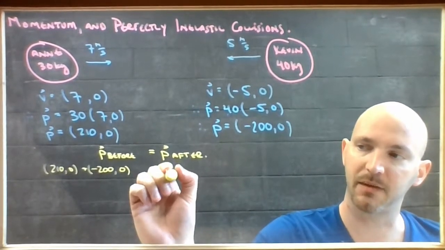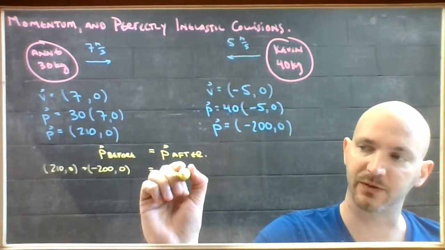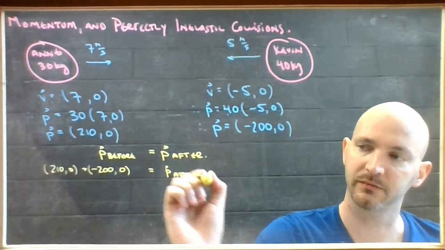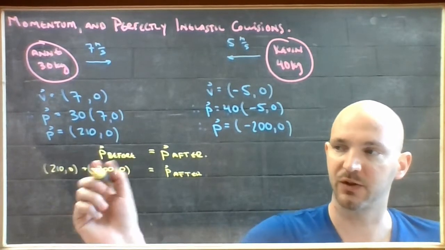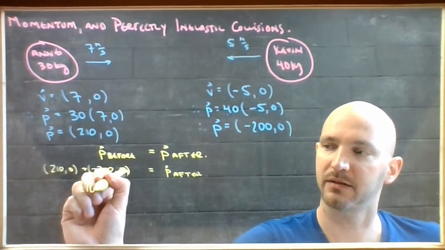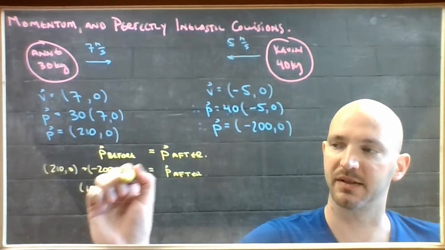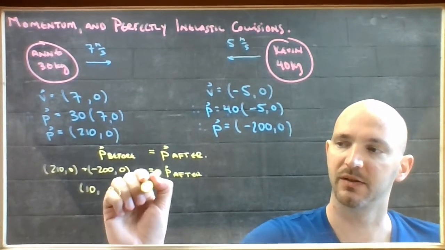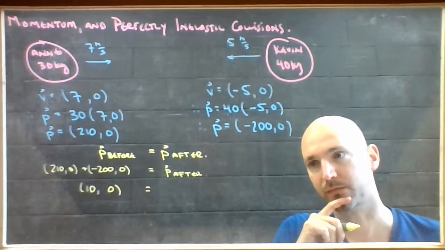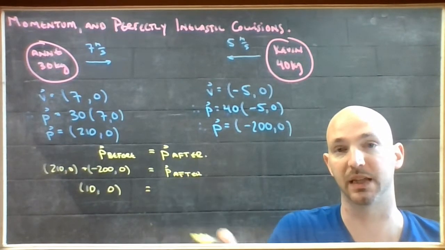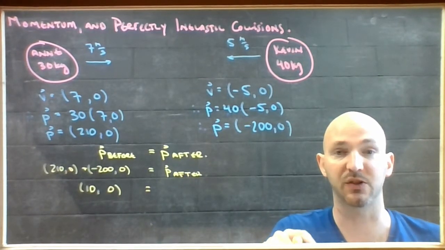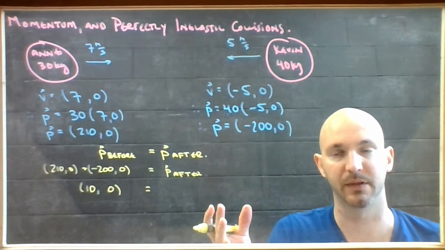And that has to match the momentum I have after the collision. 210 and a negative 200 gives me 10, 0 plus 0 is 0. So there we go. So we have to ask ourselves a question before we can proceed with this. And that question is, what does this look like when we're done?